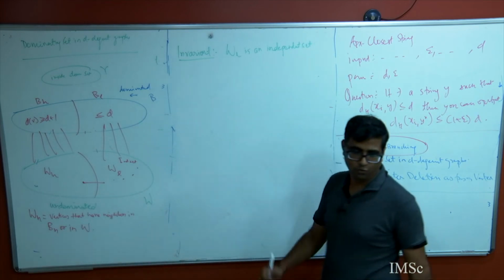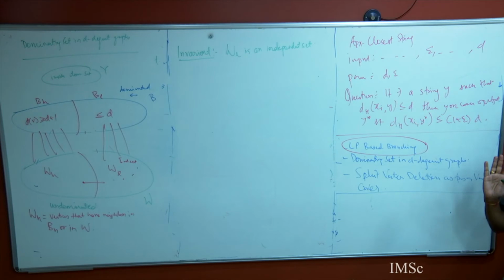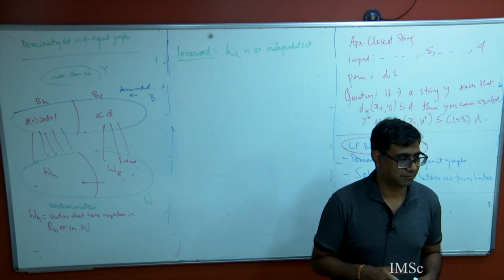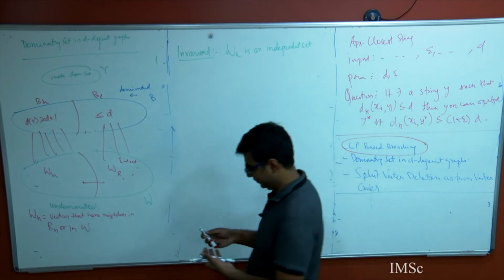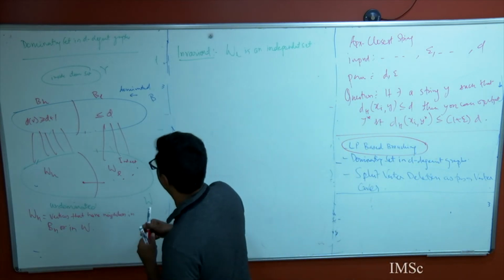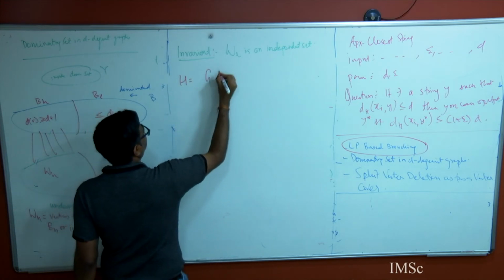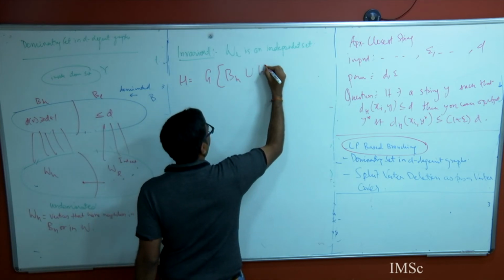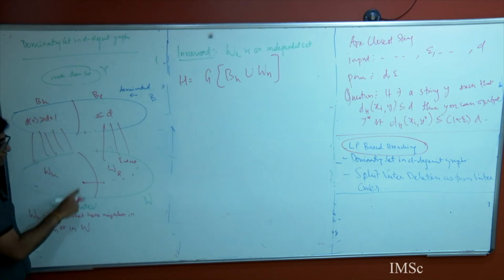Here also no measure, nothing is clear, and we have to branch. So we have to be very careful in life. Let's take H equal to the graph induced on BH union WH. What is this graph?